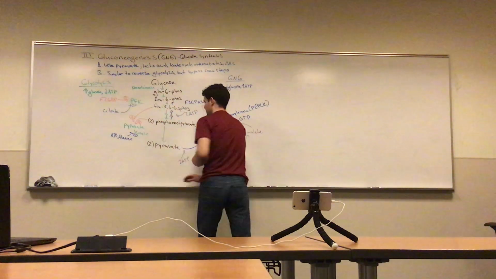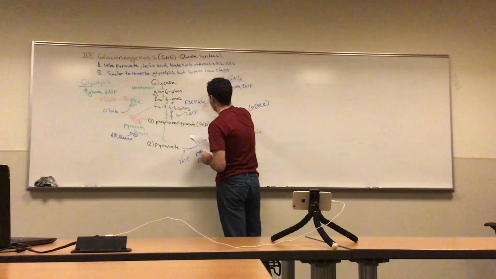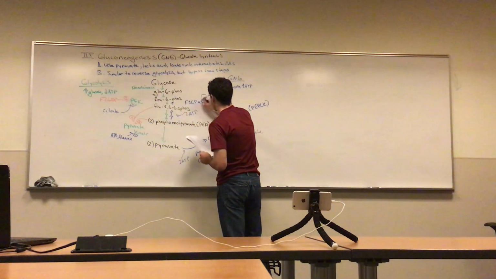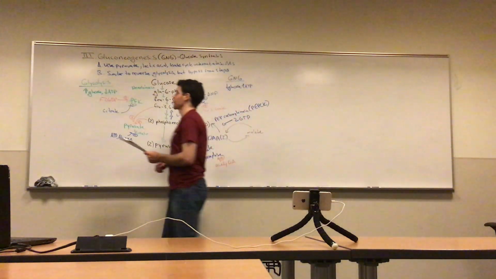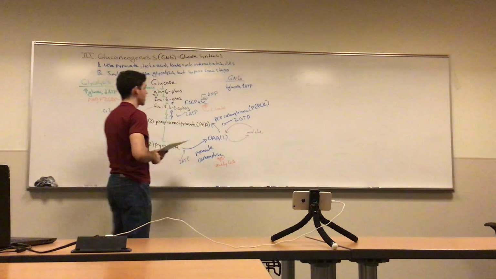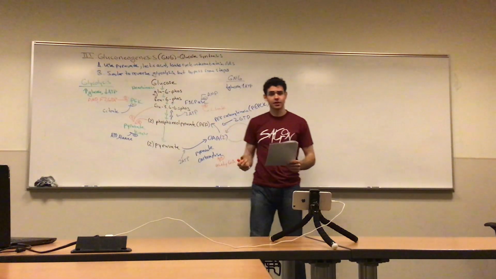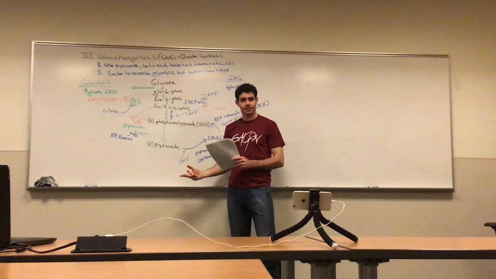Similarly, AMP is going to be a negative allosteric regulator here, whereas over here, AMP was a positive allosteric regulator. So we have the same molecules with opposing regulation on the flux through the pathway.